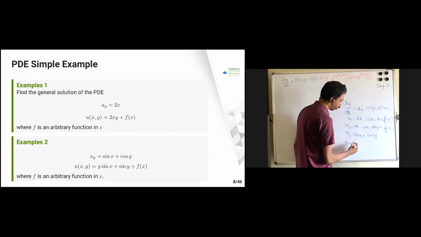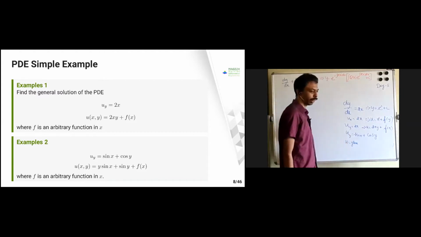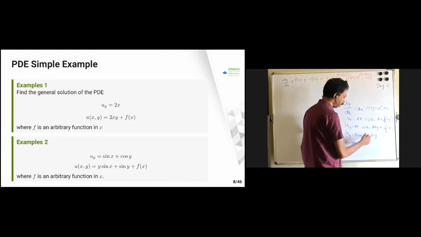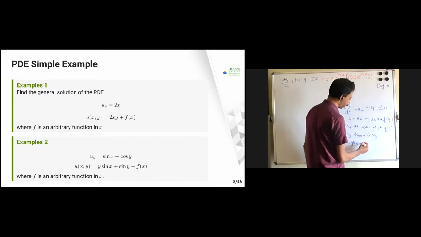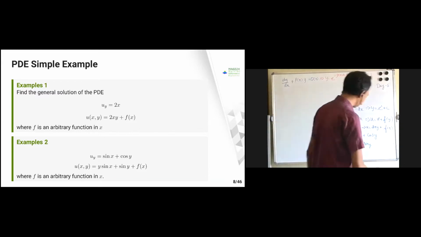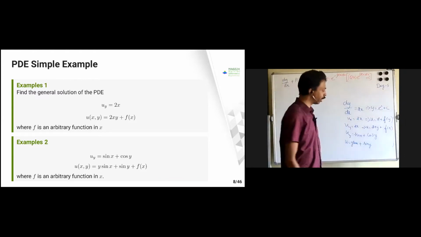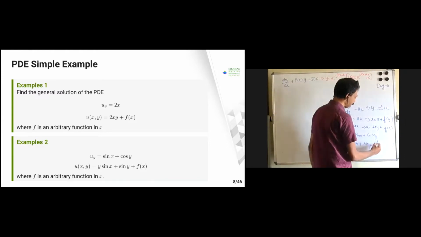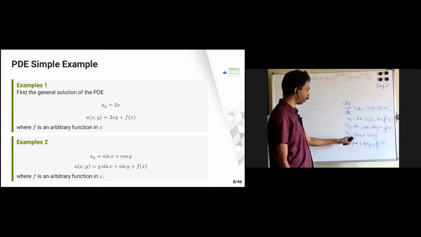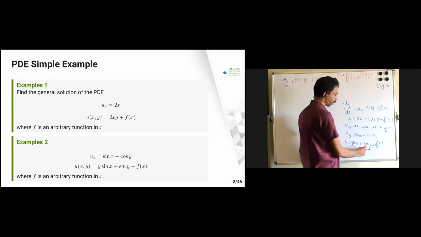So sin x into y, I write y sin x plus integral of cos y. What is the integral of cos y? Sin y, sorry, it is sin y only. Plus f of x, because I'm integrating with respect to y. So y sin x plus sin y plus f of x.